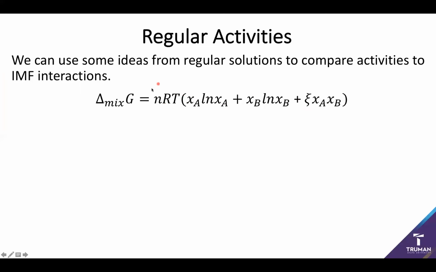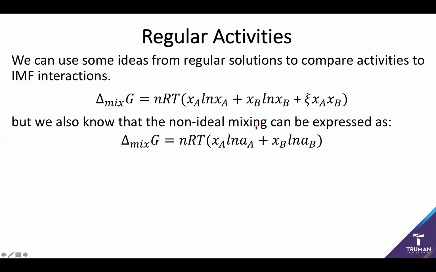And again, all of this is modified by nRT. But we also know another way to describe the free energy of mixing, which is treating this system as ideal. So I use the ideal expression, which was entirely entropy driven, and then substitute out the mole fraction of A and B with the activity of A and B.